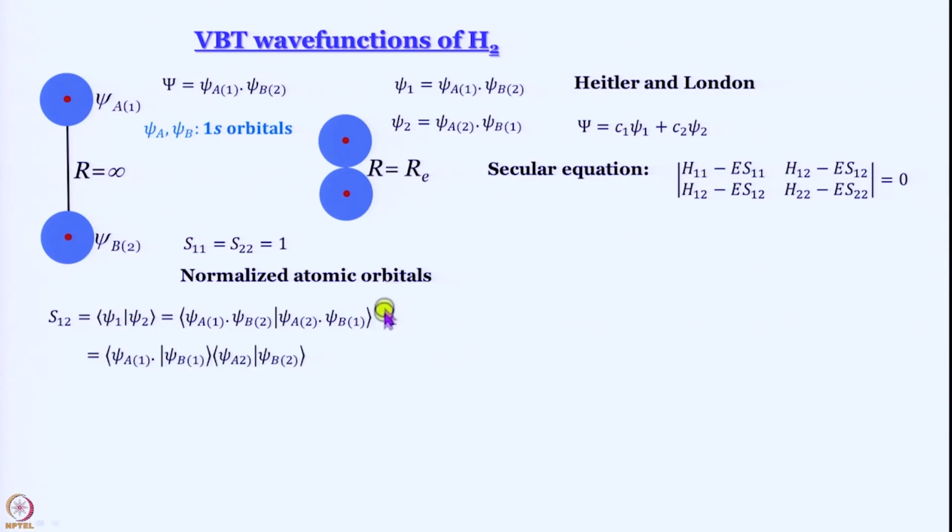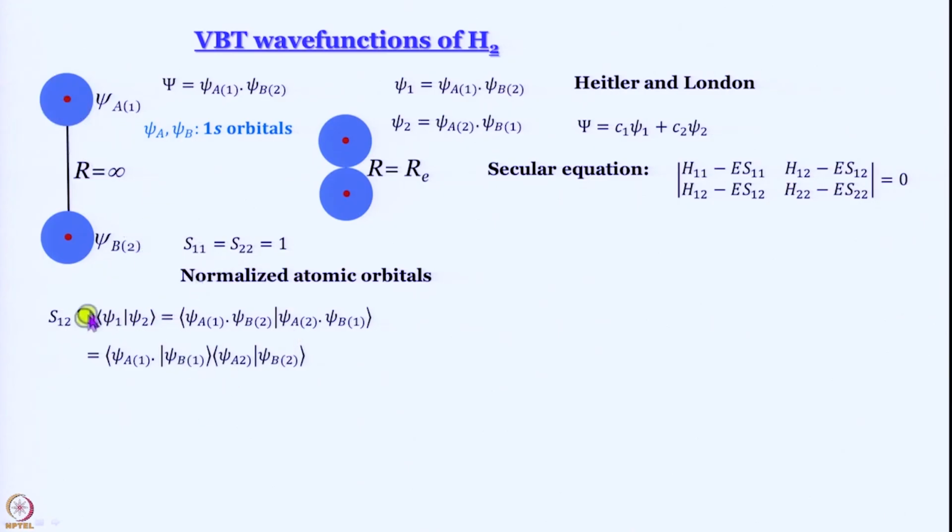This again factorizes into an integral in electron number 1, integral in electron number 2. Psi a1 psi b1 multiplied by psi a2 psi b2. Now, what is the meaning of psi a1? Psi a1 essentially means electron number 1 in the 1s orbital of atom A.